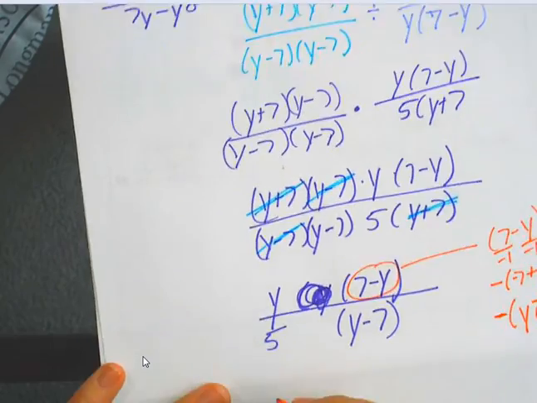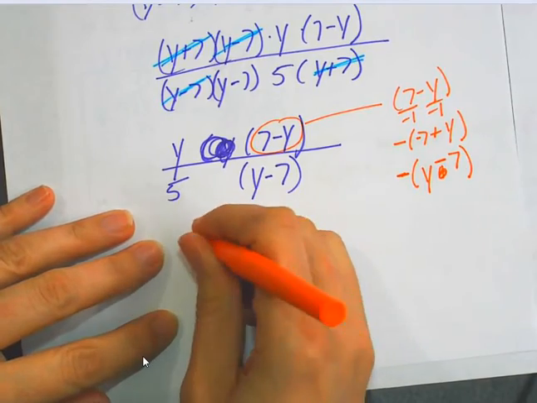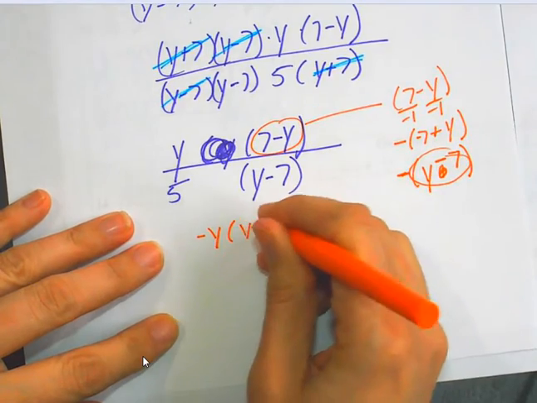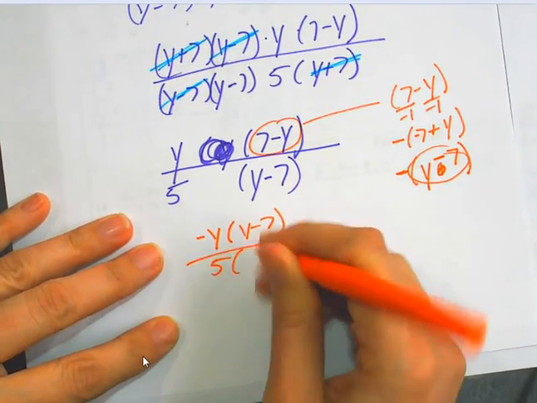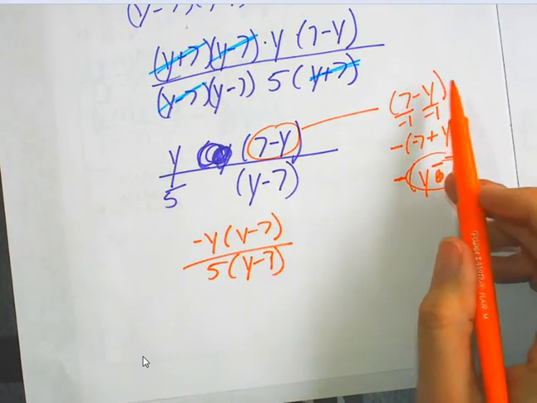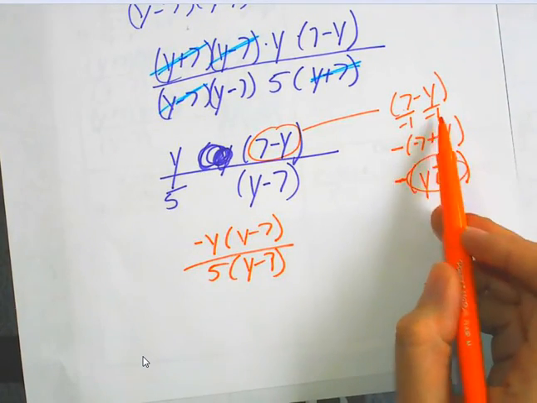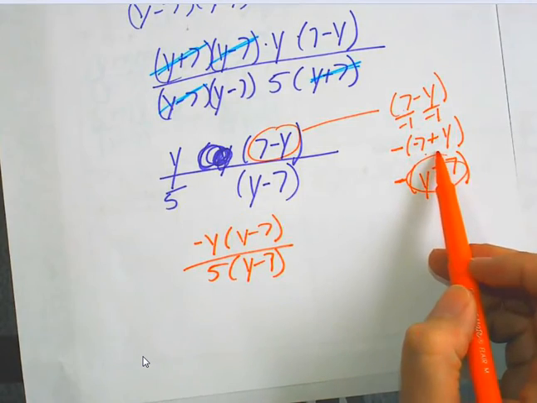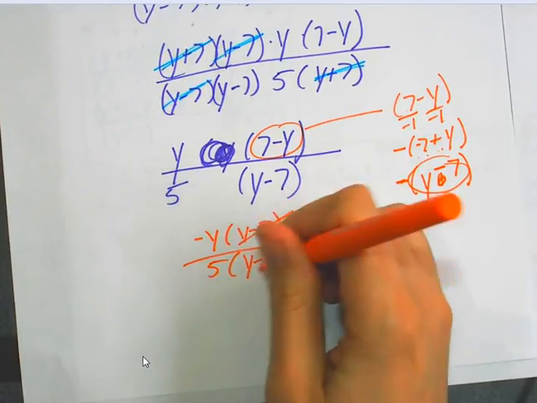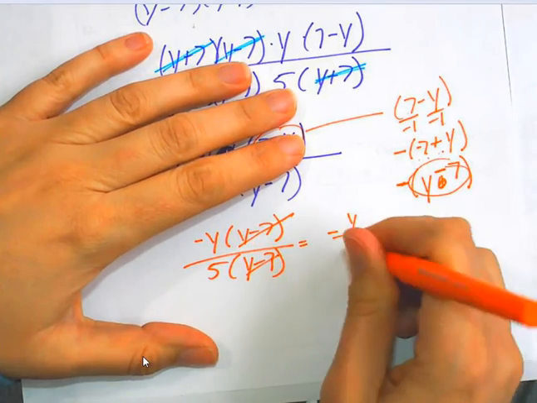So I have negative y, and then how we rewrote y minus 7 over 5, and then I have y minus 7. So sometimes if the signs are flipped, you can actually factor out a negative 1 in order to adjust the signs. You're not really changing the problem, you're just factoring out a negative 1, which now these can be eliminated. So my final answer for this one is going to be negative y over 5.